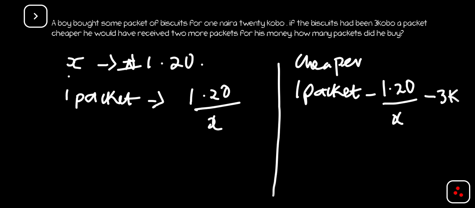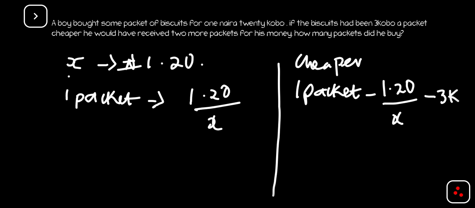So this is Nigerian currency. So 3 kobo can also be represented by 0.03, since in this instance we have 20 kobo at the end. So this is the price for one packet at the cheaper rate.